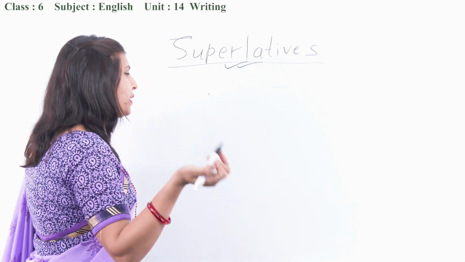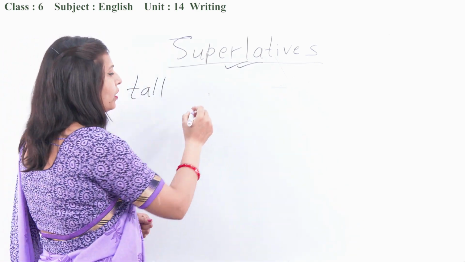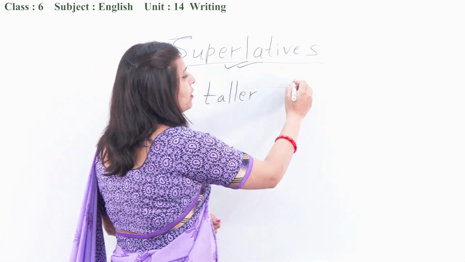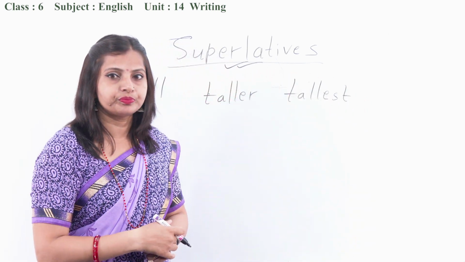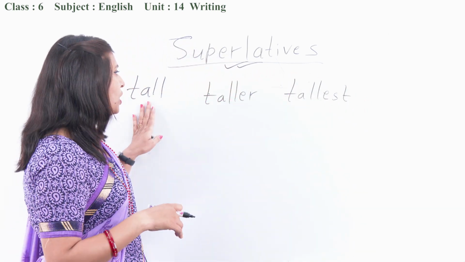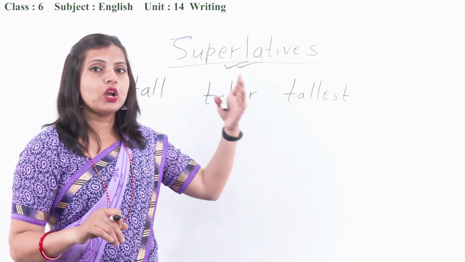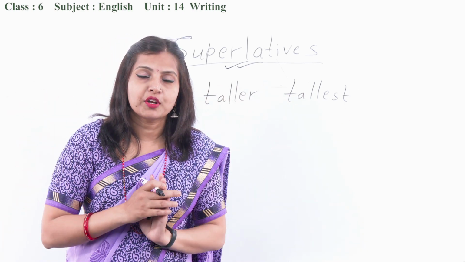Okay, let me make it more clear. For example, tall is the adjective, okay, taller is the comparative and tallest is the superlative. Okay, tall, it is a tall structure. It is taller than that one. It is the tallest of all.